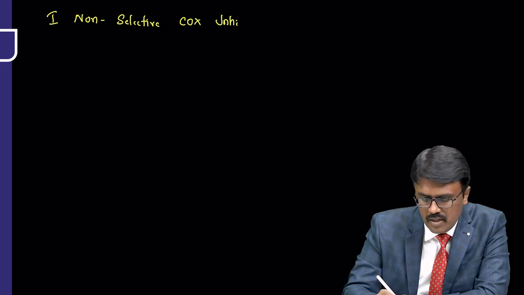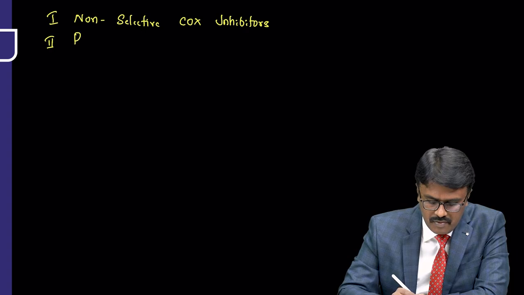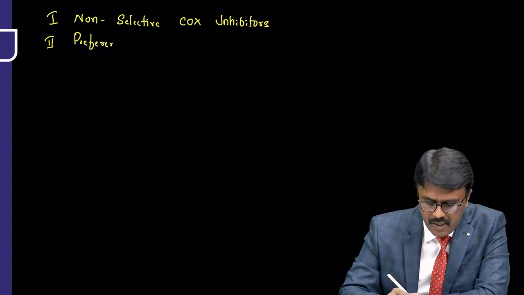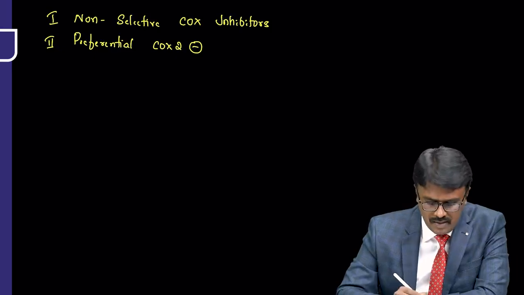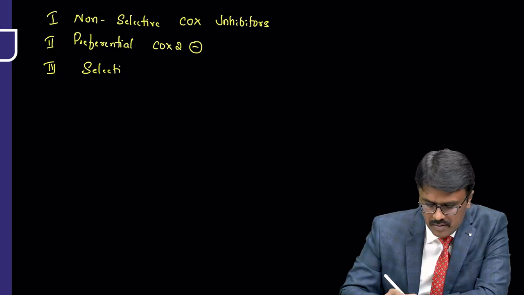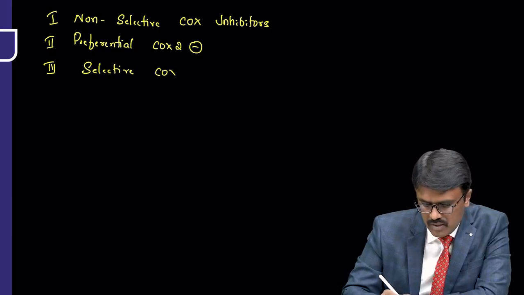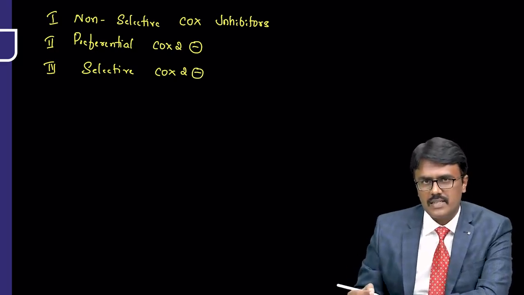Number two, we have certain drugs called preferential COX-2 inhibitors. And third, we came across drugs called selective COX-2 inhibitors. So these are the three basic classifications of NSAIDs.